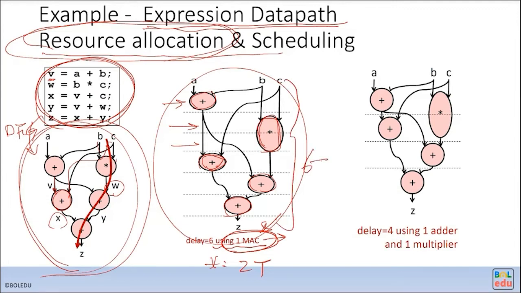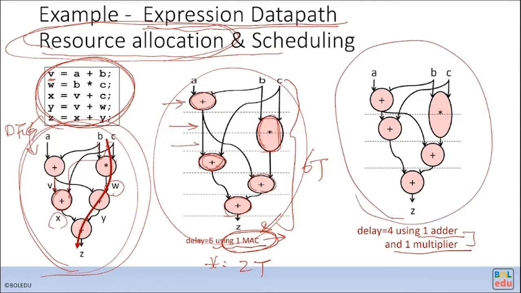to complete this expression. Or the designer says, oh, I can allocate one adder and one multiplier. That means you can do 2 operations in the same cycle. So in this case, the tool will figure out the scheduling like this. In the first cycle, you can do the add and the multiplication, and then another here.